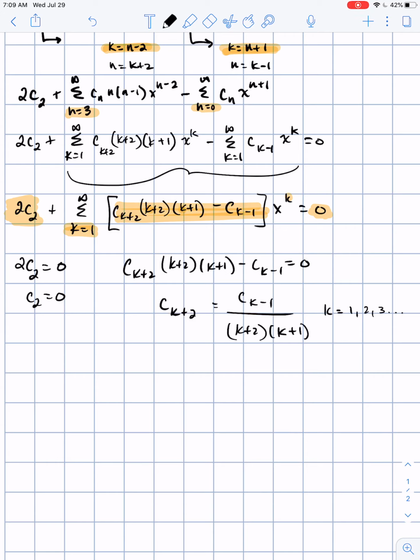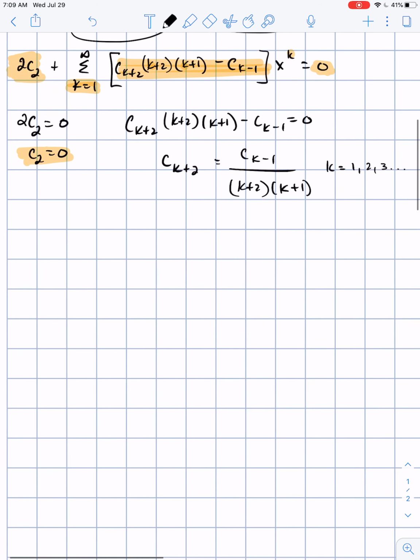Alright, so always keep in mind, right, we know that c sub 2 is 0, and now when you start to plug in values, so let's say k equals 1. Okay, when k equals 1, what we're doing is we're plugging k in for everything here.